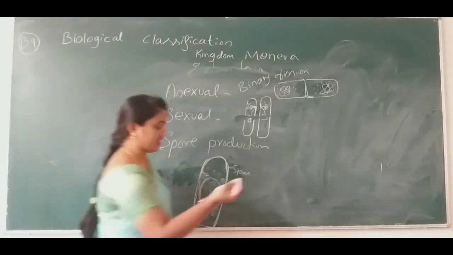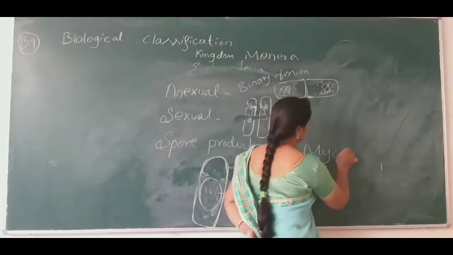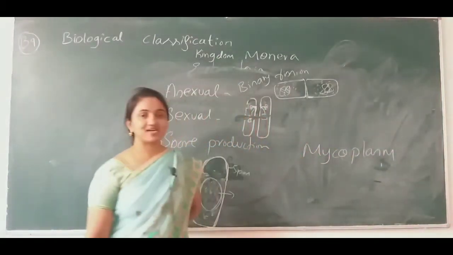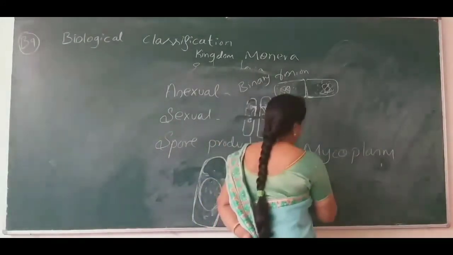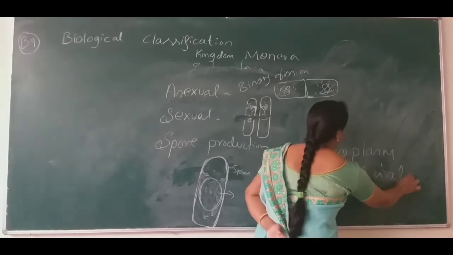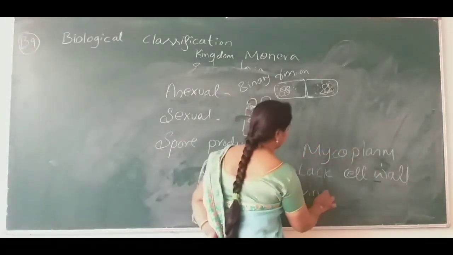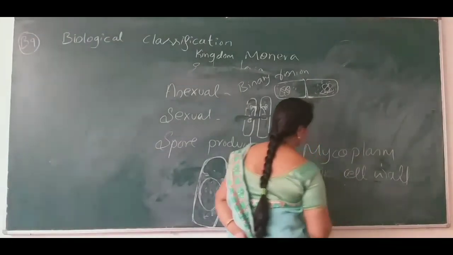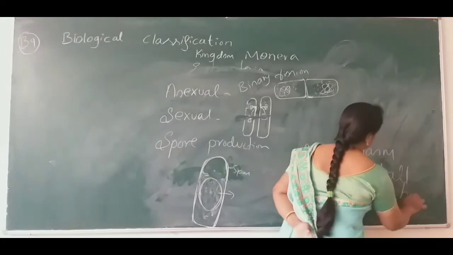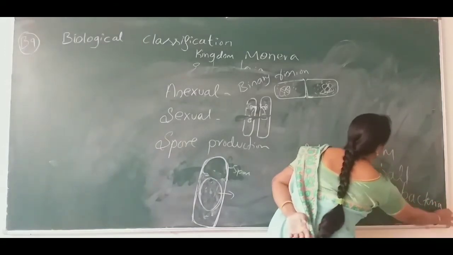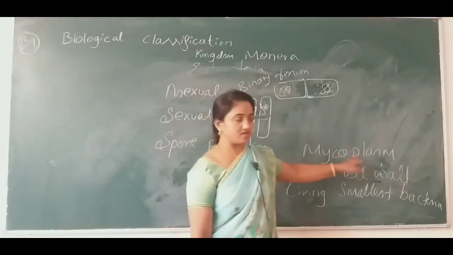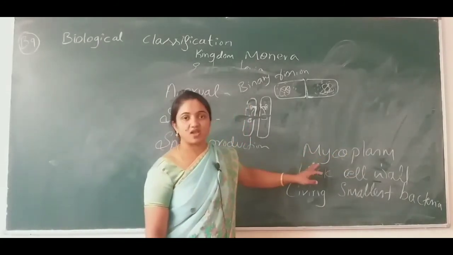And the last one is Mycoplasma. Mycoplasmas are bacteria that lack a cell wall, and they are the smallest living bacteria. Many times they ask in the examination: what is mycoplasma? Give a brief account on mycoplasma.